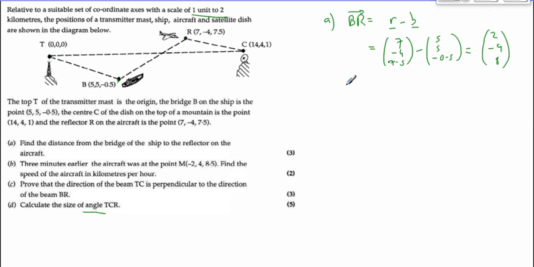The magnitude of BR is equal to root 2 squared add negative 9 squared add 8 squared, which is root 149. Now that's your magnitude of the vector using those coordinates, but because it's 1 unit to 2 kilometers, the distance is actually going to be 2 root 149.